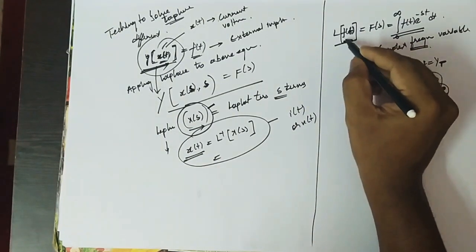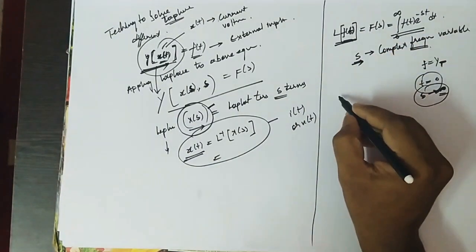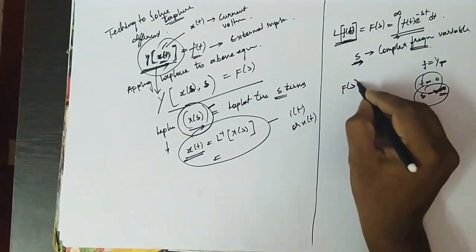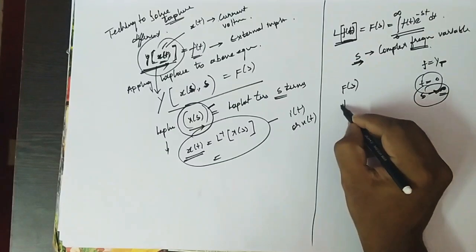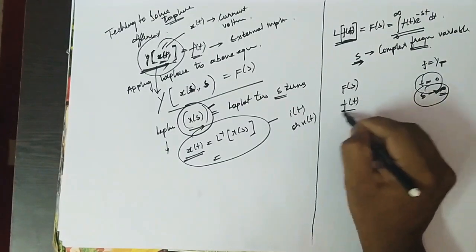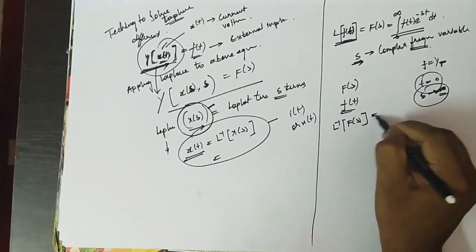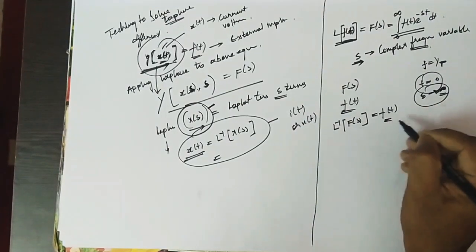For any function, after Laplacing you get F of s, and after inversing you will get f of t. So f of t is the Laplace inverse of F of s.